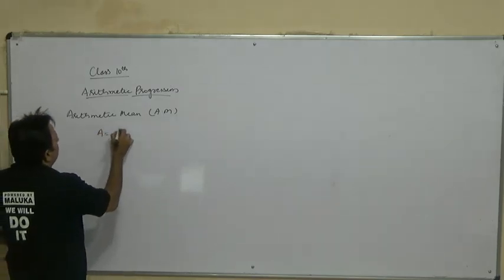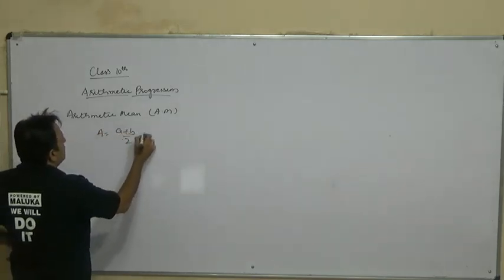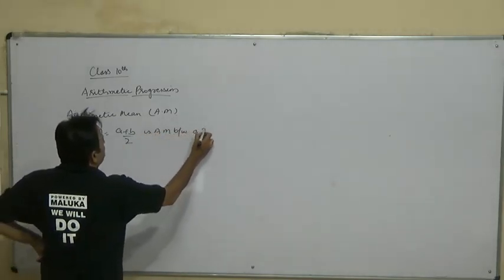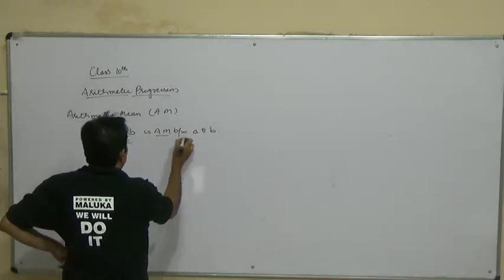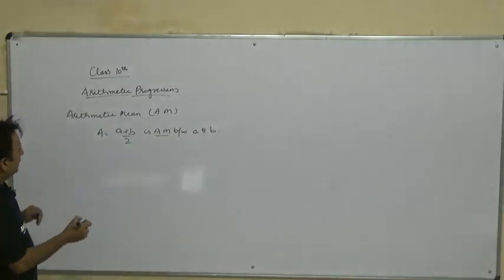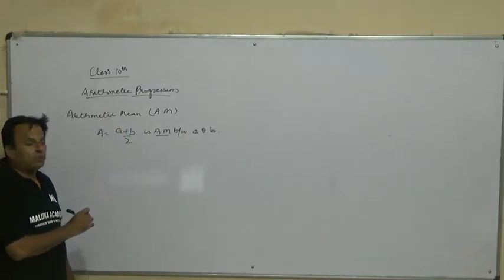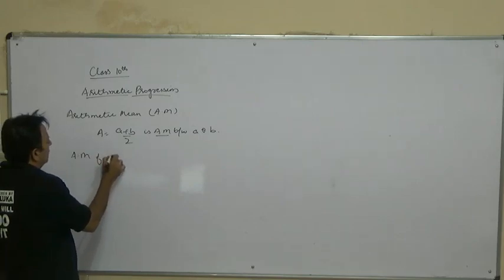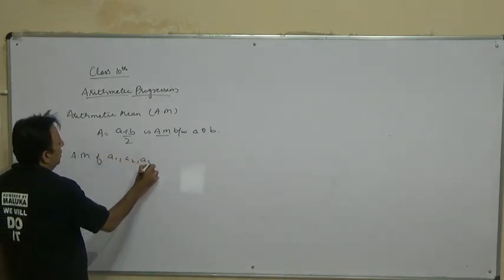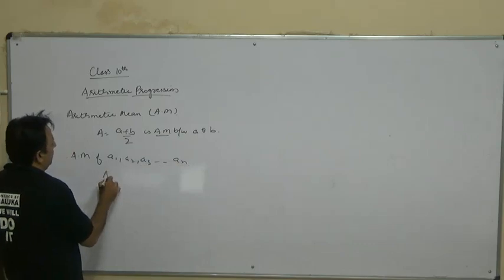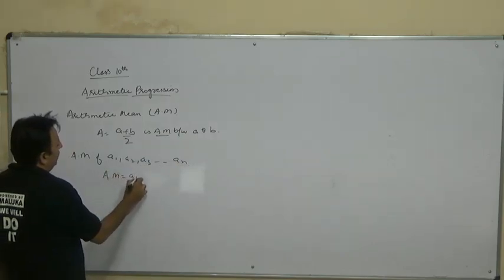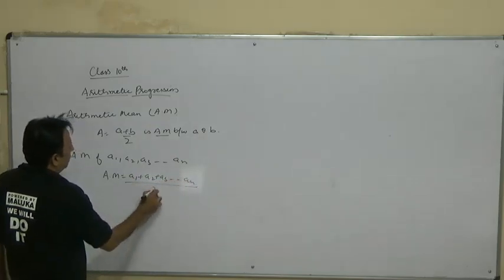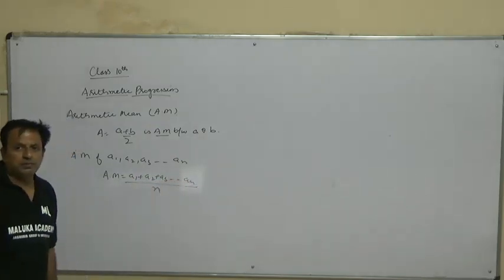A = (A + B)/2 is the AM between A and B. And if you want the arithmetic mean of n numbers, for example A1, A2, A3 up to AN, the AM will be equal to (A1 + A2 + A3 + ... + AN) upon N, where N is the number of items.